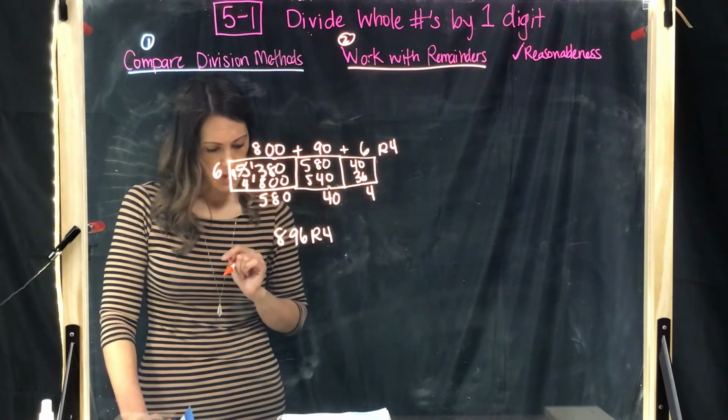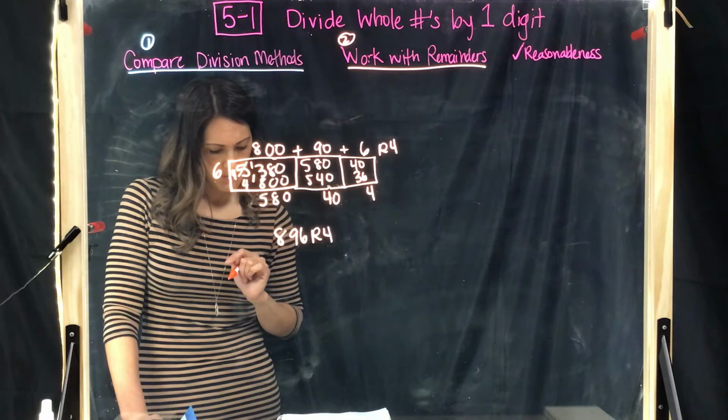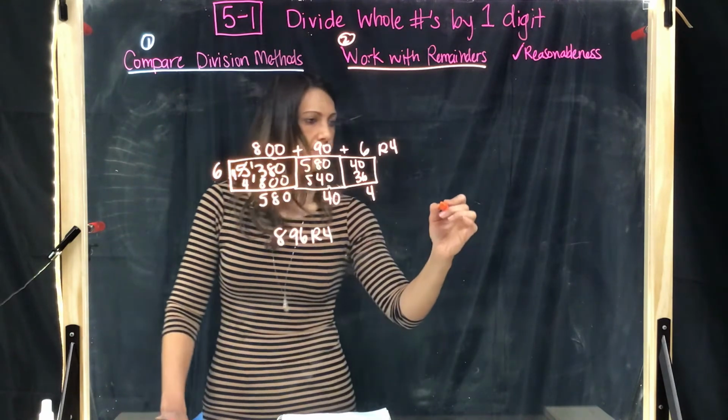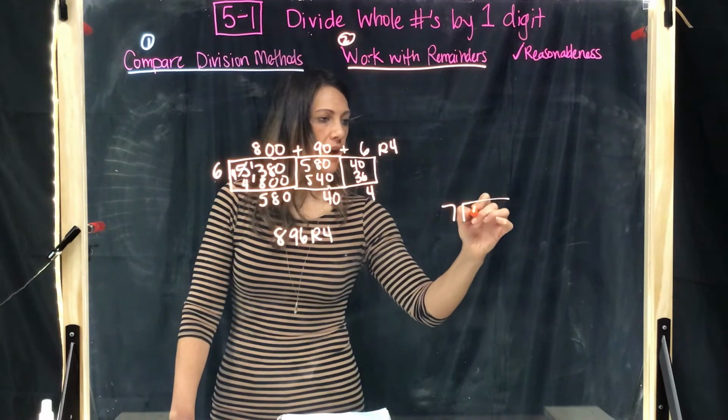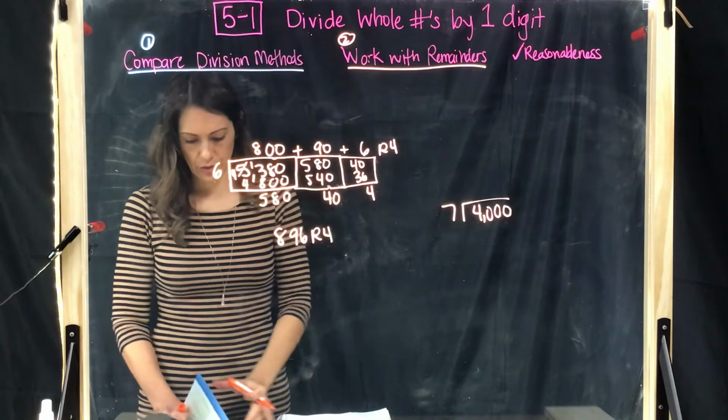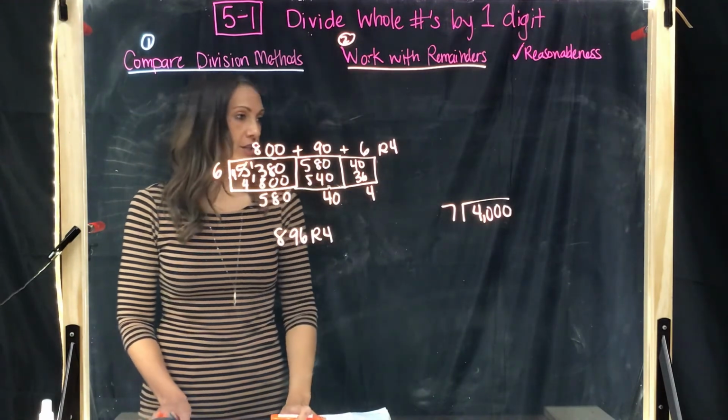Let's try one more. Let's try number 20. We have 7 divided by 4,000. I'm going to do expanded notation for this one.